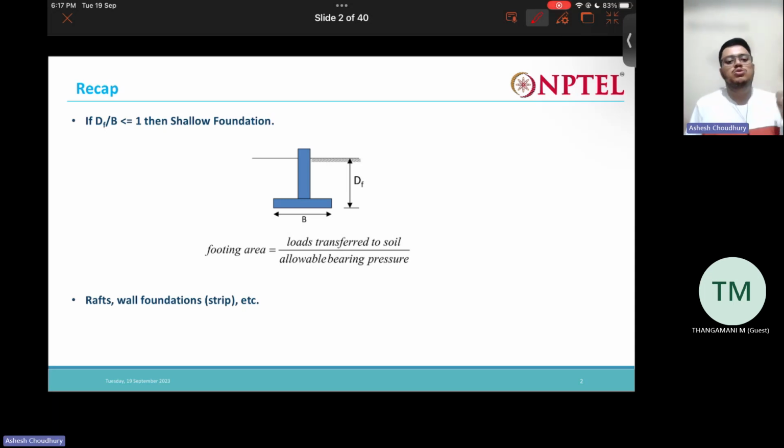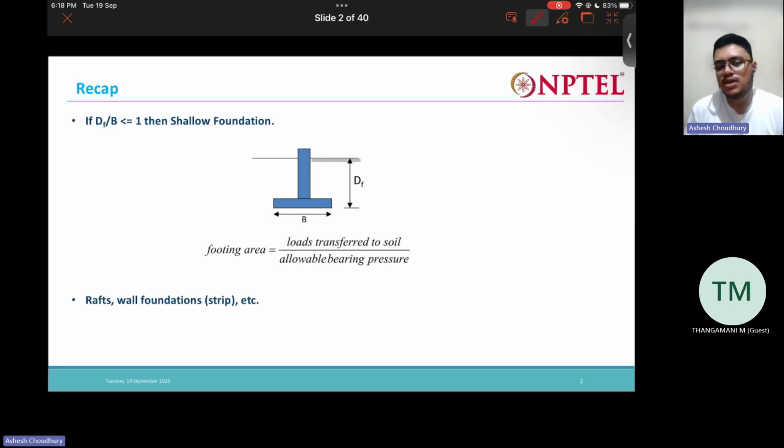It ensures that our settlements will be within range, and that the soil would be able to take that load without undergoing shear failure.